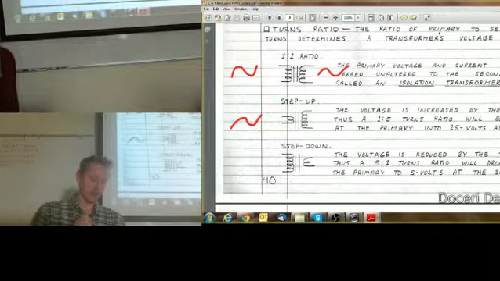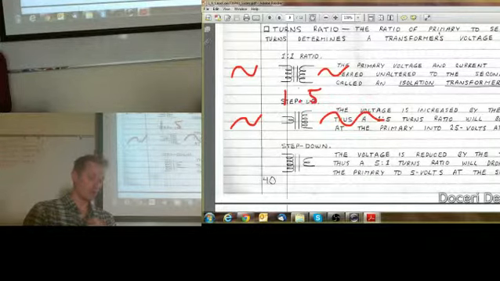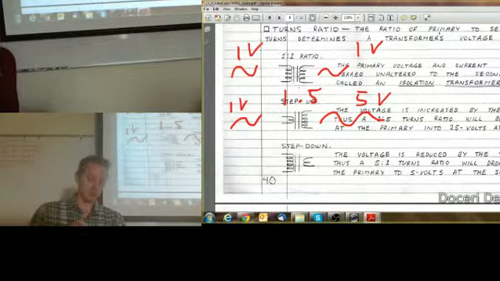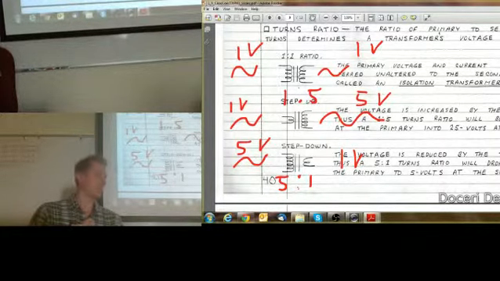That means if you have a sine wave of 1 volt peak, then with a 5 to 1 turns ratio you would have 5 volts on the output, whereas with the 1 to 1, you would have 1 volt and 1 volt. Now, with the step down, if you have a 5 to 1 ratio and 5 volts on the input, you're going to step down to 1 volt on the output.